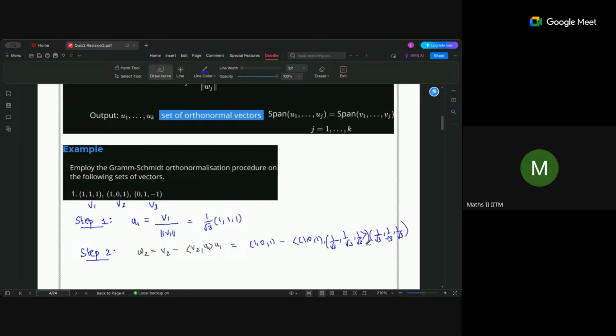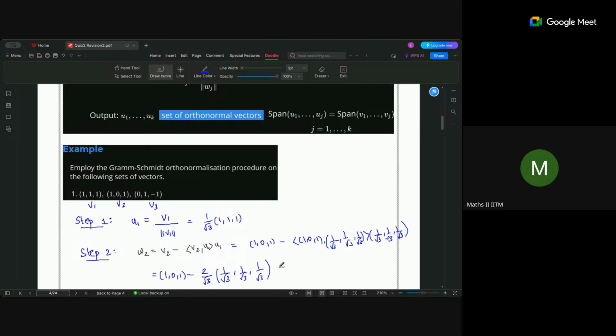So you have (1, 0, 1) minus, now let's first do this inner product. You will get 1 by root 3 plus 1 by root 3, which is 2 by root 3, times this vector (1 by root 3, 1 by root 3, 1 by root 3).